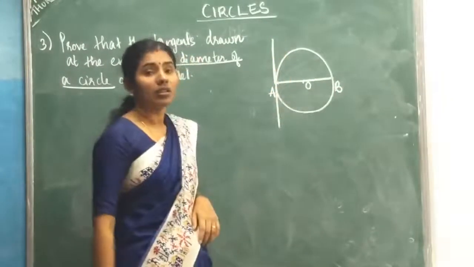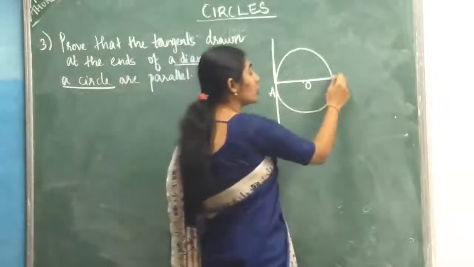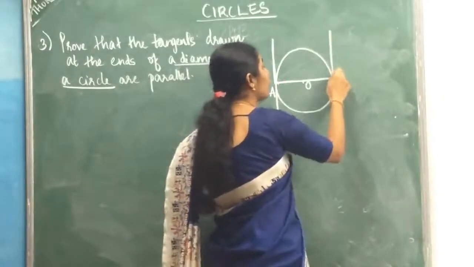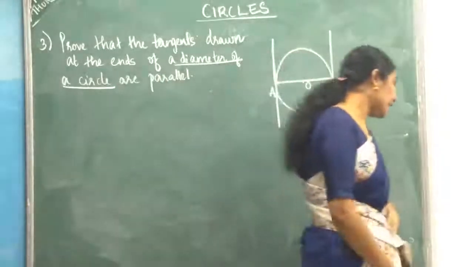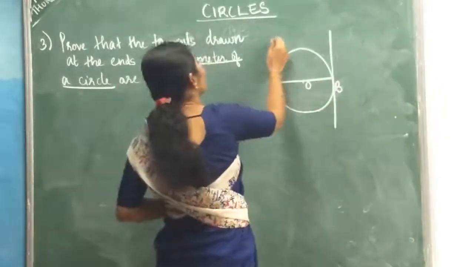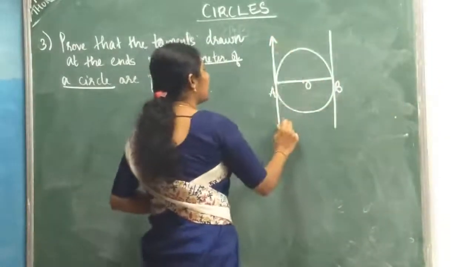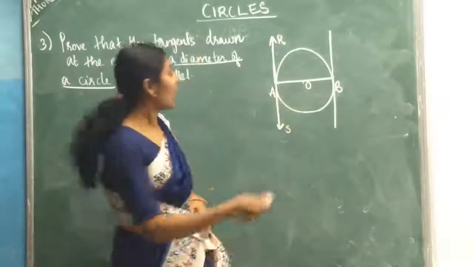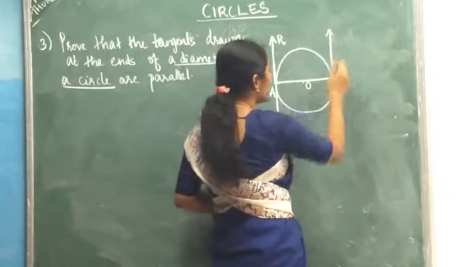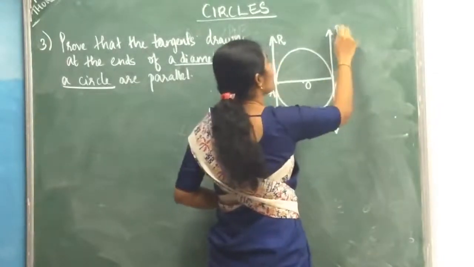Here one tangent we can draw. So through B also draw one tangent. Okay, so the tangent names we can give. This tangent name we are giving RS and this tangent name we are giving PQ.